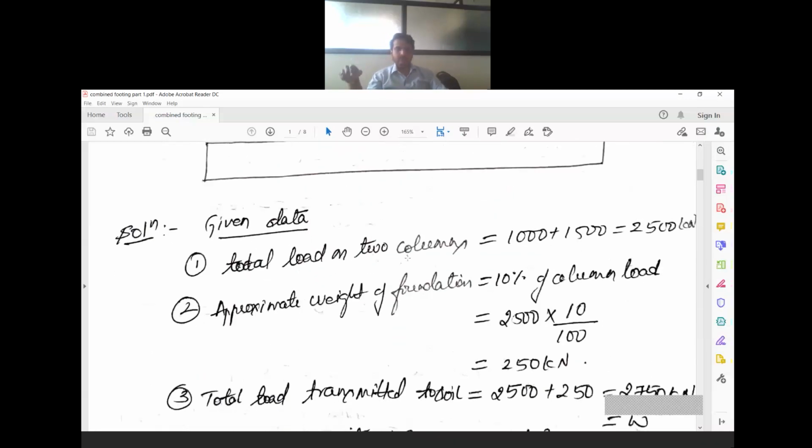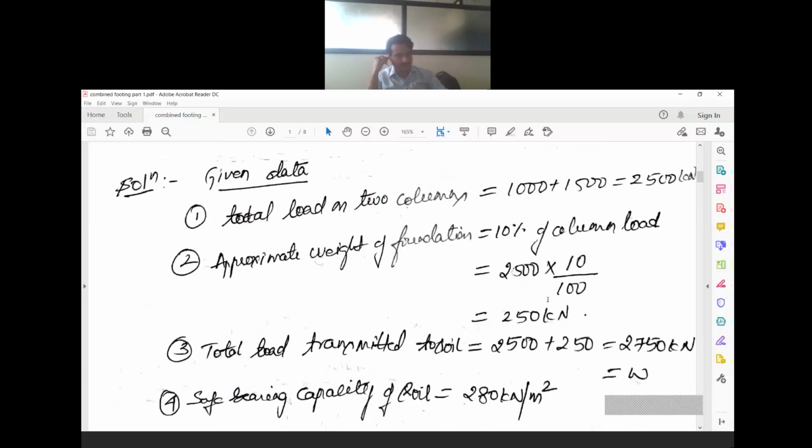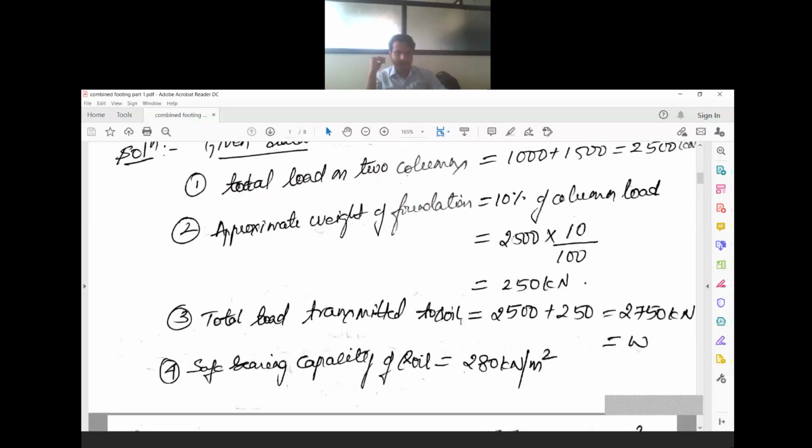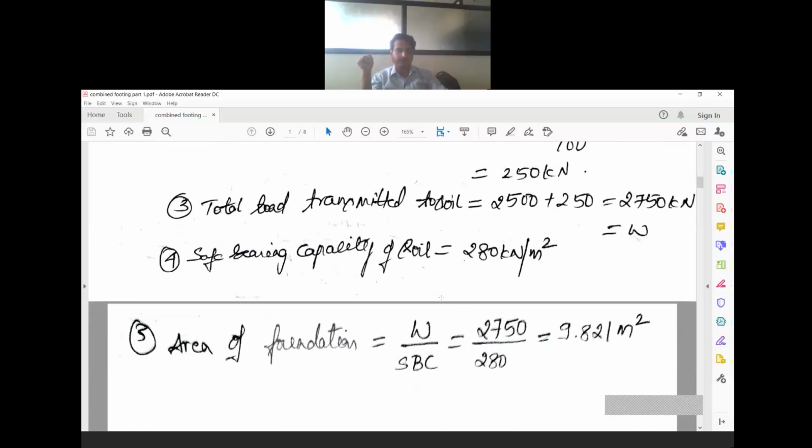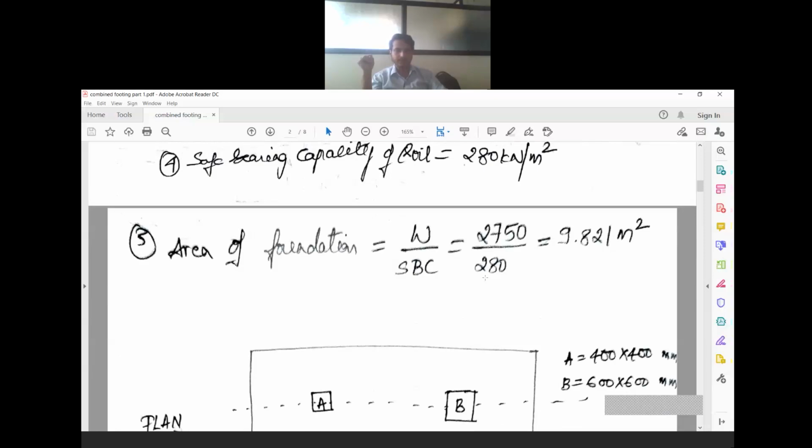For that, what we had done in the previous class was: total load on the columns, plus approximate weight of foundation at 10%, which is 250. So the total load transmitted to the soil from the foundation is 2750 kilonewton. Safe bearing capacity is given as 280.